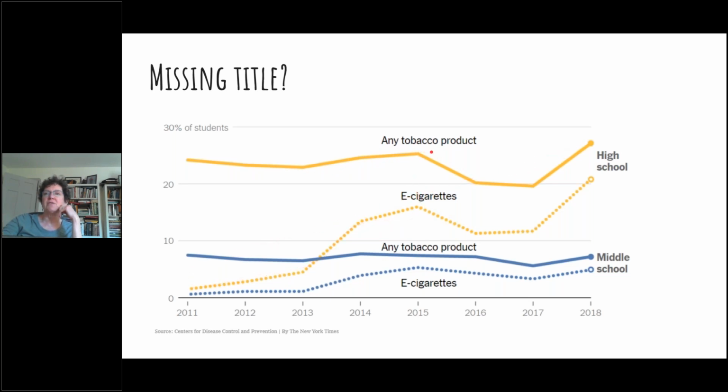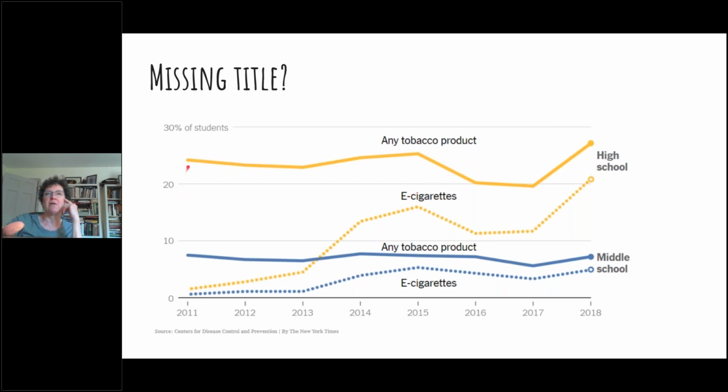E-cigarettes are included in here, and this is showing how much e-cigarette use has increased, and what it has done to the total use of tobacco products.